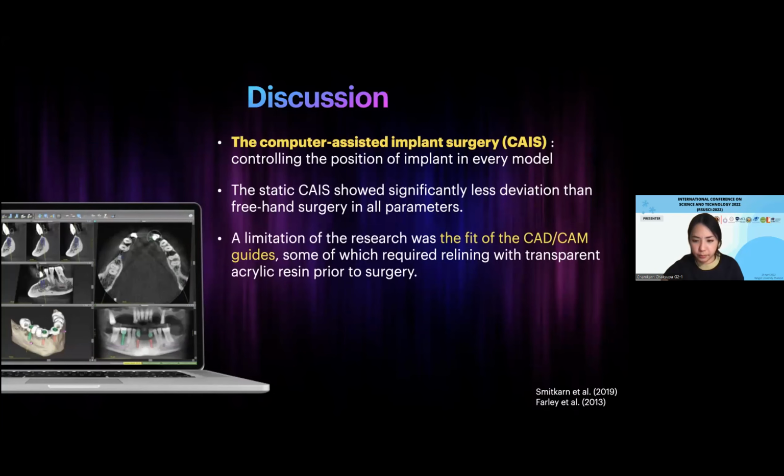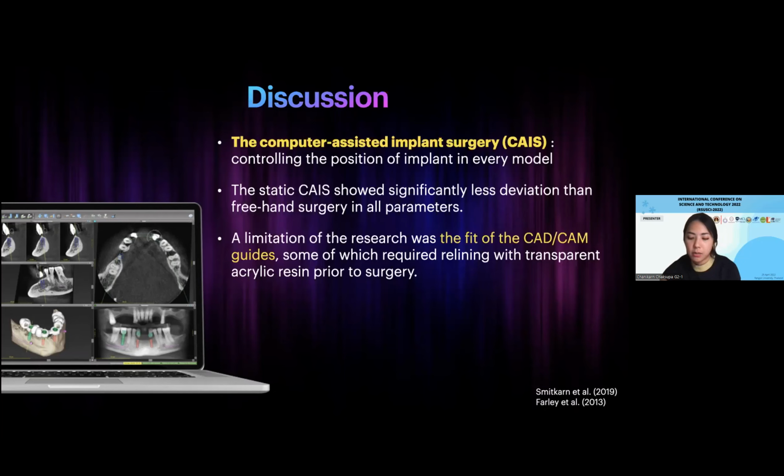And in addition, computer-assisted implant surgery, or CAIS, was utilized in this study for controlling the position of the implant in every model and guaranteeing that all implants would be placed in the block. CAIS shows significantly less deviation than freehand surgery in all parameters.